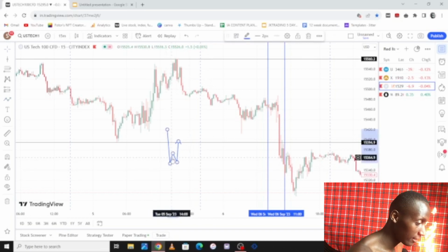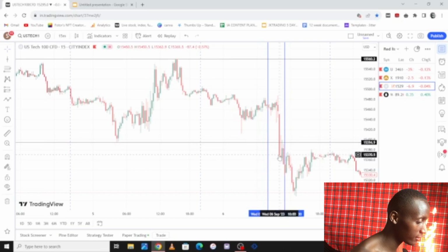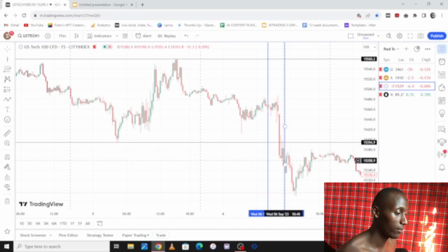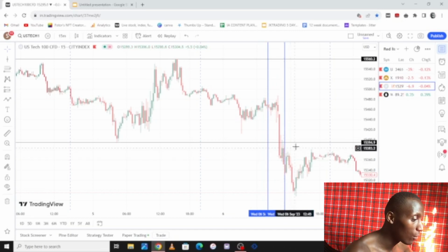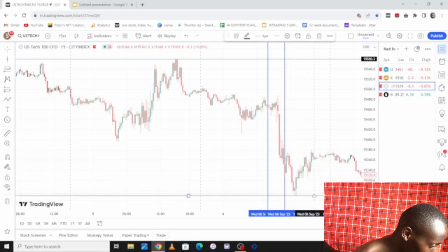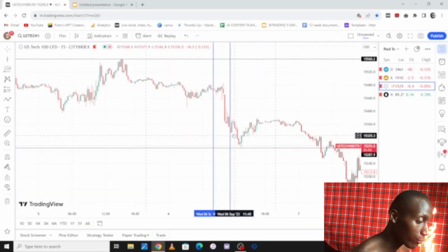Once we get a W pattern, so on this Wednesday we don't have a W pattern, we have price continuing lower, so we are not interested in that. All we do on Thursday now is redraw the new low. And then on Thursday, the process is the same.